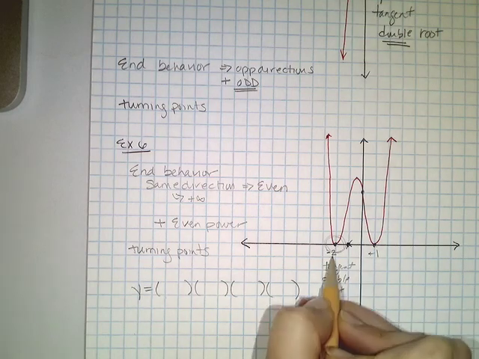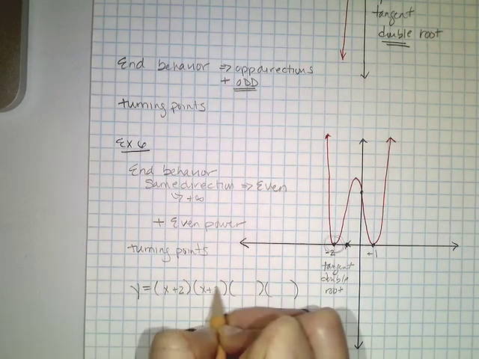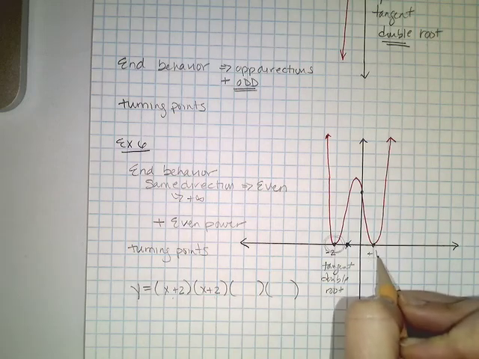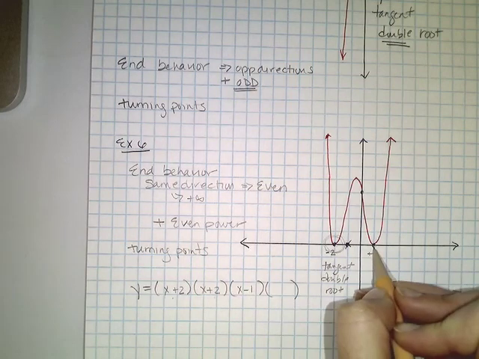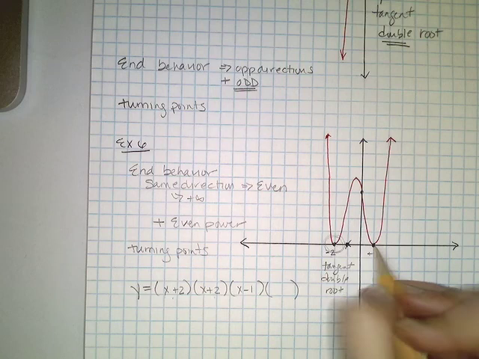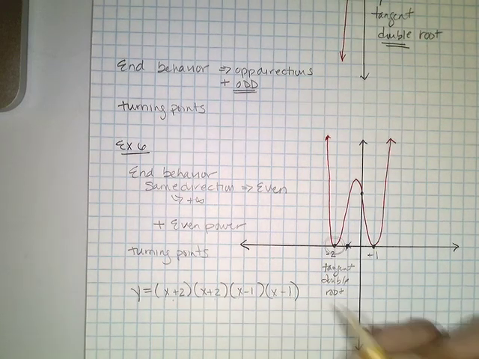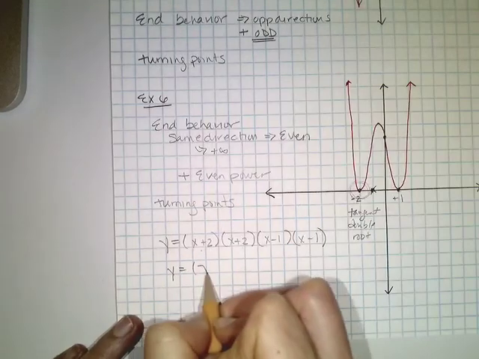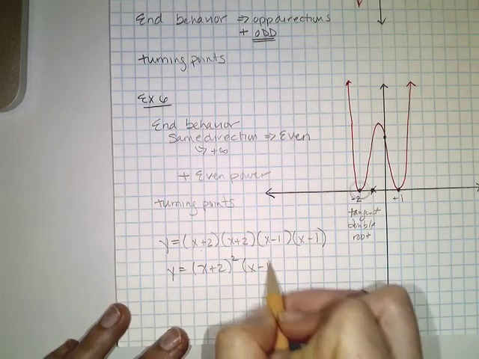So if it's -2, this is x plus 2, x plus 2. We double that root. The same thing with x equals 1. You get x minus 1, but it too is a double root because its behavior on the graph is tangent. So this is not only x minus 1, but x minus 1 again. And you will commonly see that written as y equals x plus 2 squared, x minus 1 squared.